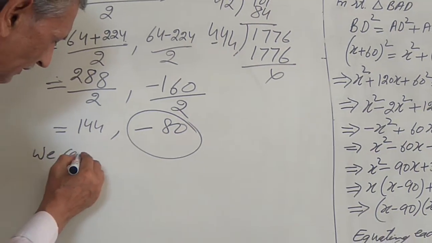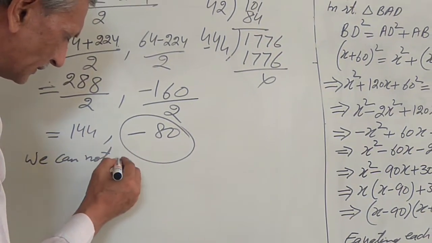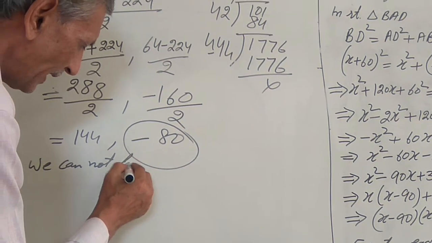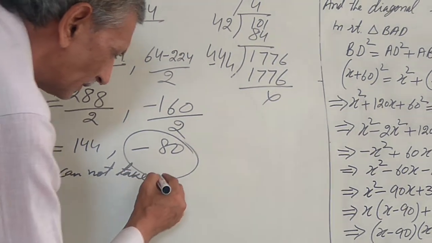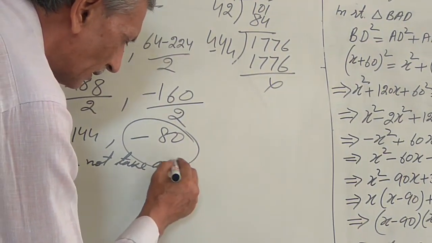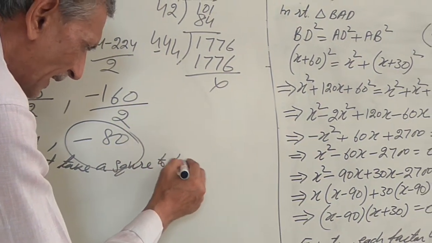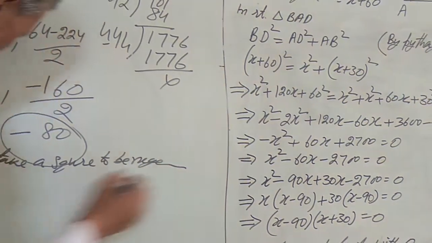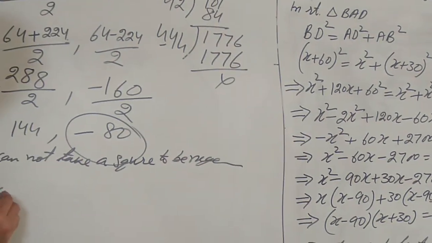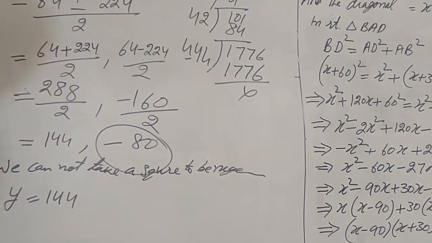We cannot take a square to be negative. Therefore, y is equal to 144.